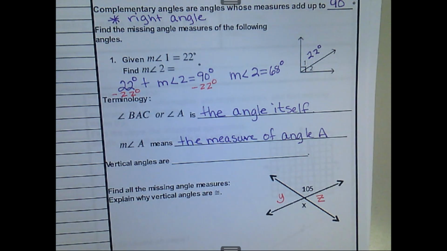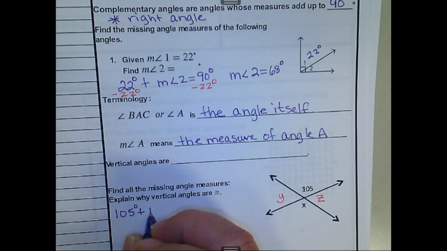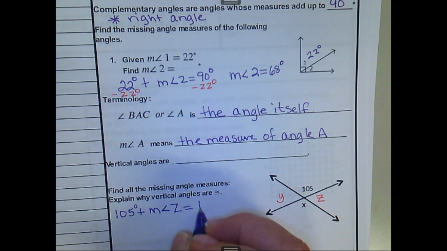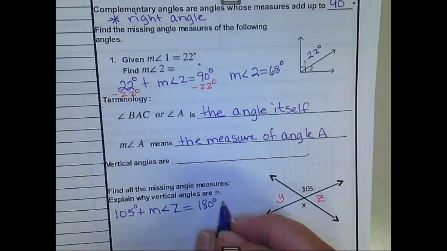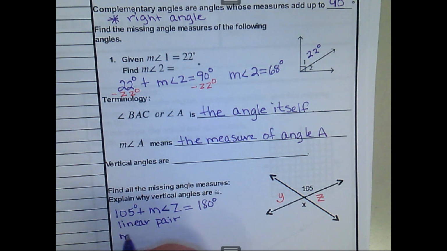So the first thing I'm going to say is 105 degrees plus the measure of angle Z is equal to 180 degrees because they form a linear pair. The measure of angle Z is equal to 75 degrees. That's by subtraction.